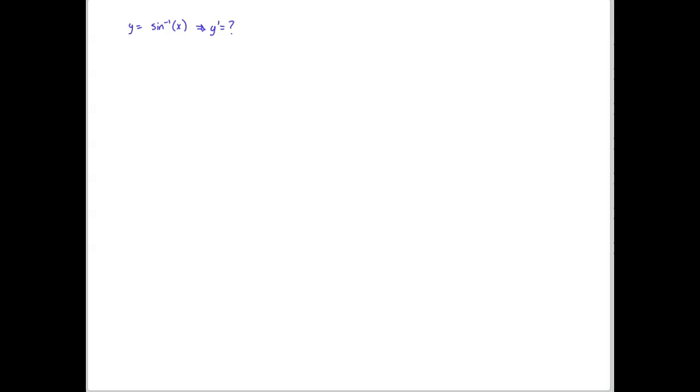All right. Well, one thing I can do is, once again, take sine on both sides of this equal sign. So I'm going to take sine of y, and I'm going to do the same thing over here, sine of inverse sine of x.